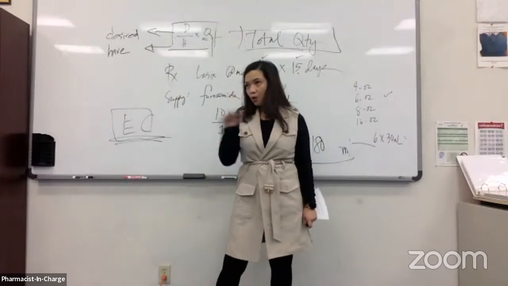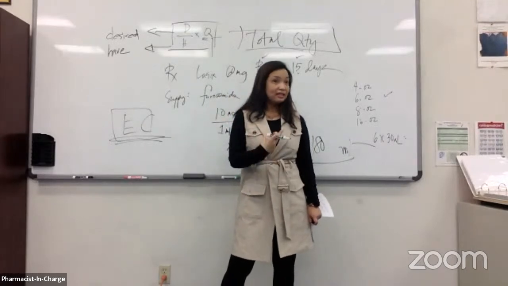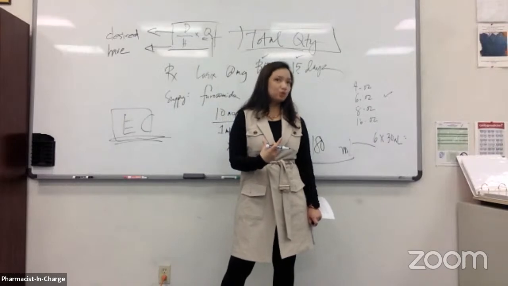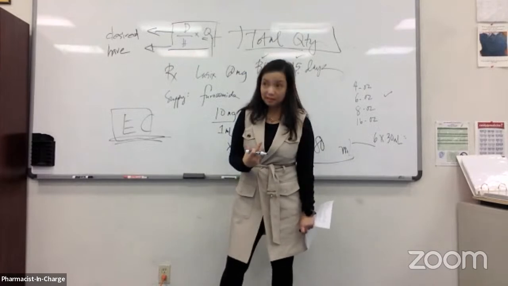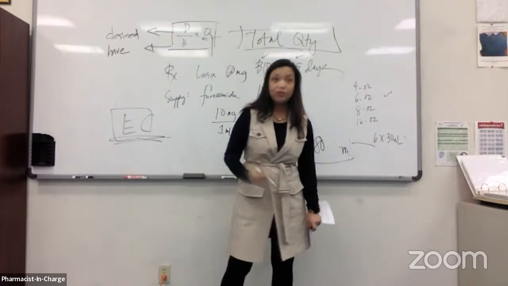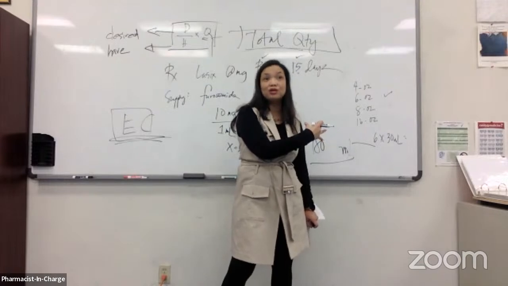Enteric coated. What does that mean? The tablet is coated to protect it from getting destroyed, disintegrated by the stomach acid before it reaches the site of absorption, which usually is the small intestine. Can you follow?